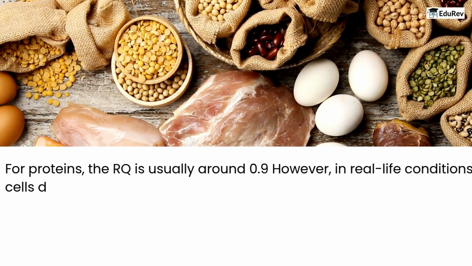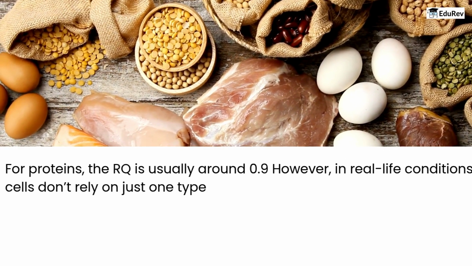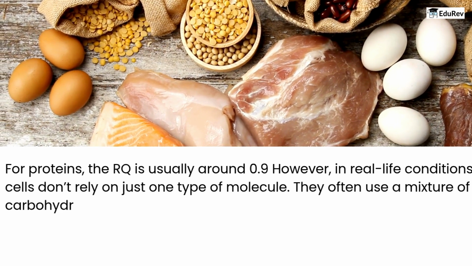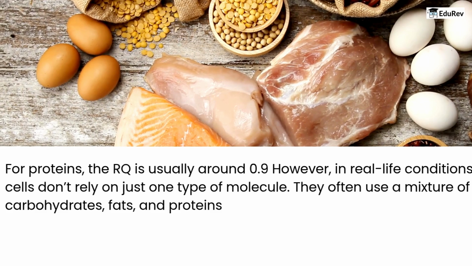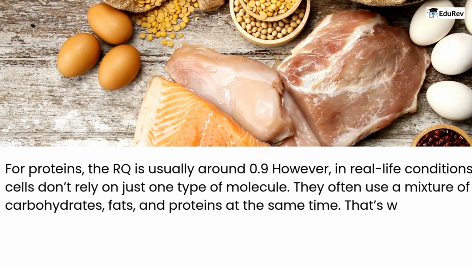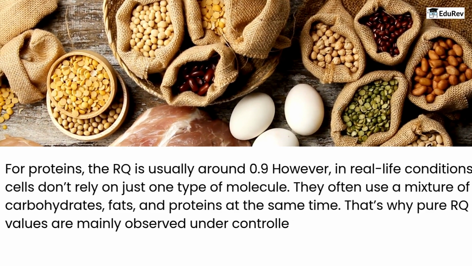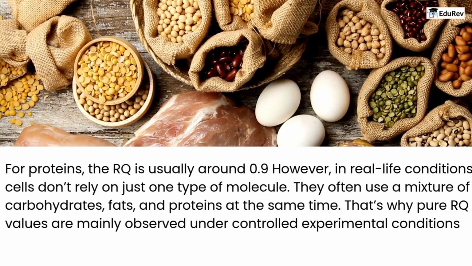However, in real-life conditions, cells don't rely on just one type of molecule. They often use a mixture of carbohydrates, fats, and proteins at the same time. That's why pure RQ values are mainly observed under controlled experimental conditions.